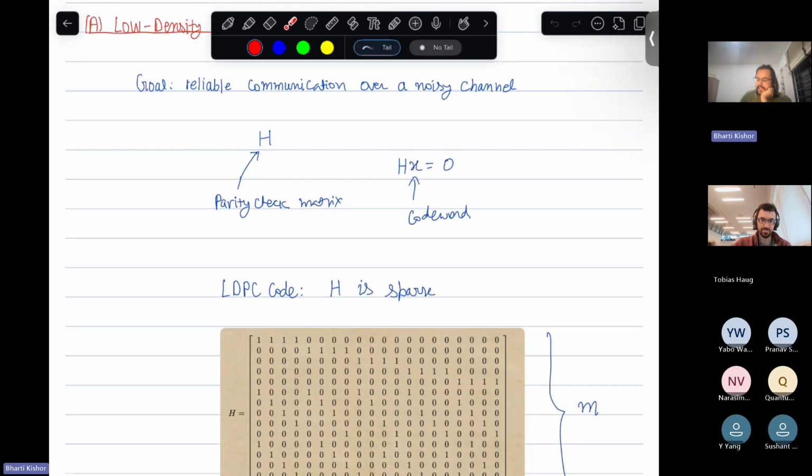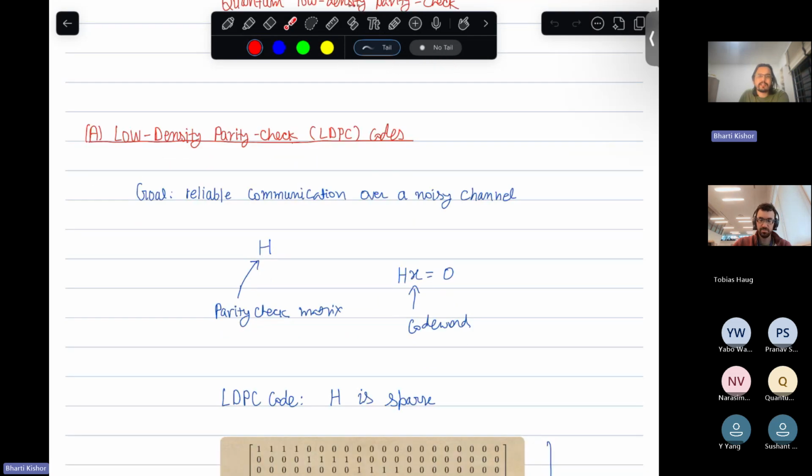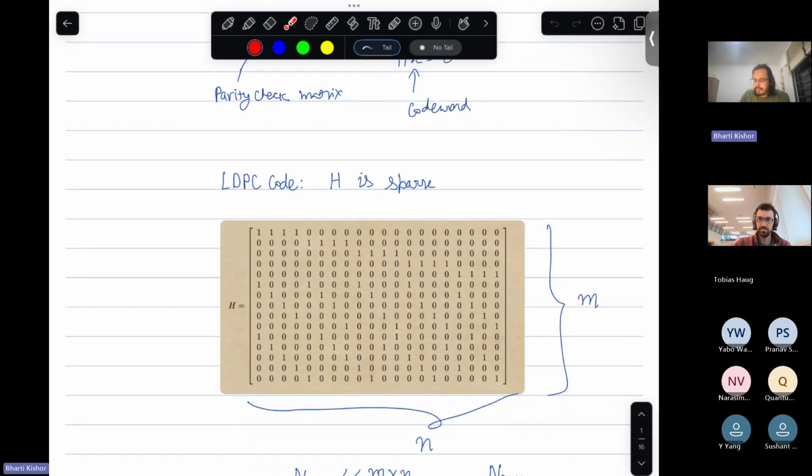If your parity check matrix is sparse, that's what people mean by low density. So it's called a low density parity check code because the parity check matrix is low density.